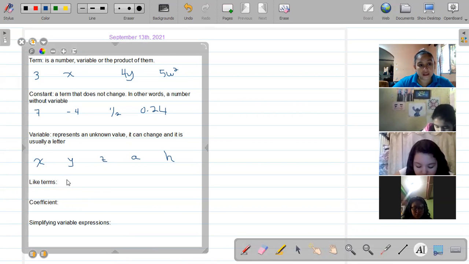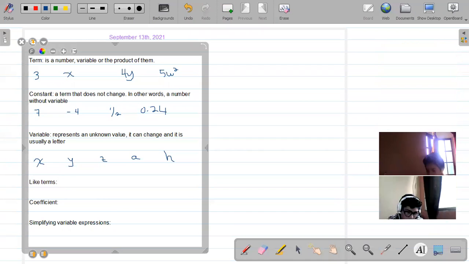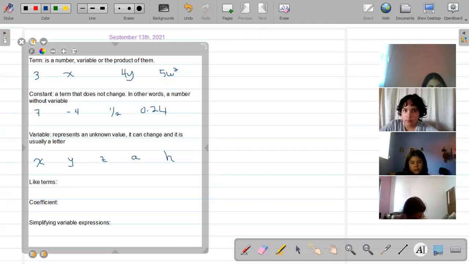Now we're going to define like terms. So if we know that a term is a number, variable, or the product of them, what are like terms? What is a like term? Anyone?